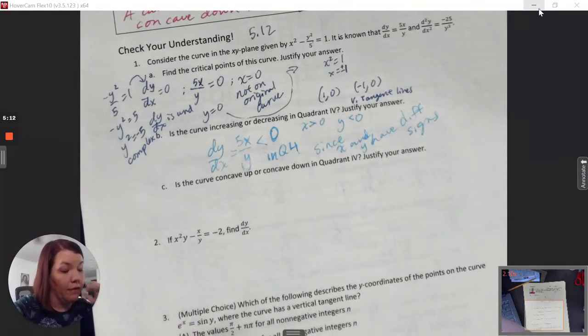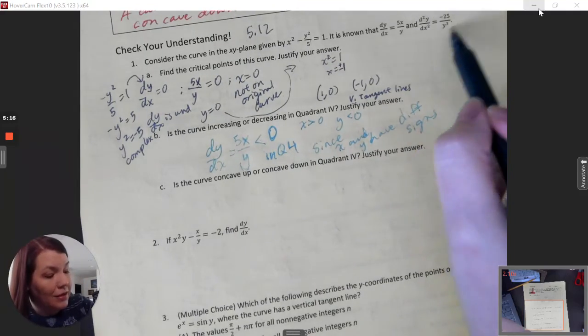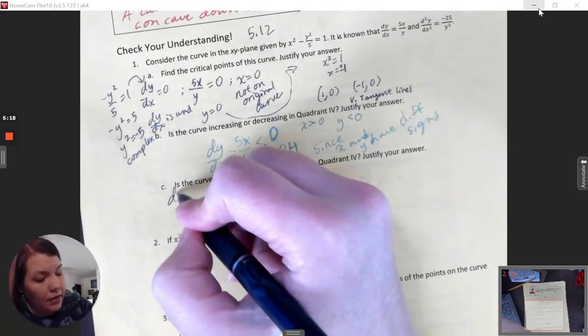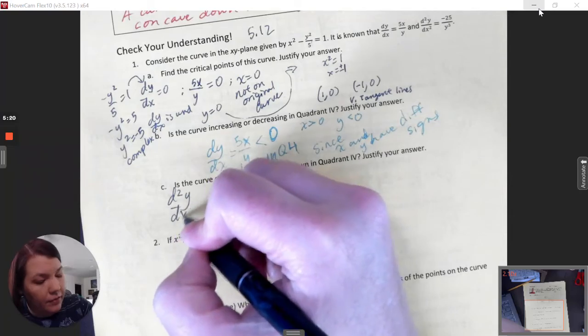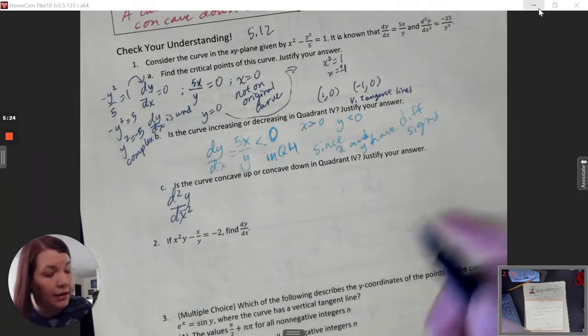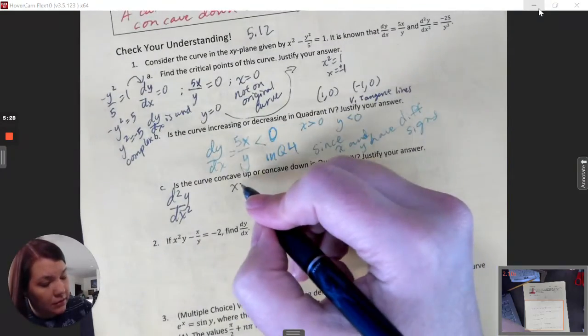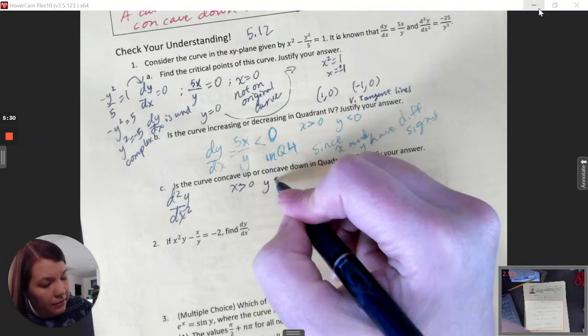Is the curve concave up or down in quadrant 4? So in quadrant 4, I'm looking at the second derivative, and I want to know the sign of it. I don't care what the value is, I want to know the sign. So in quadrant 4, again, x is positive and y is negative.